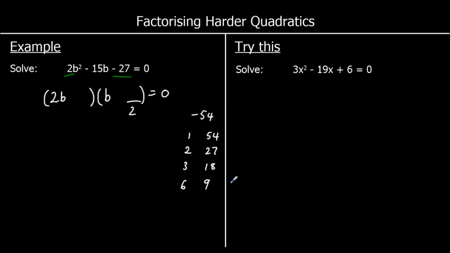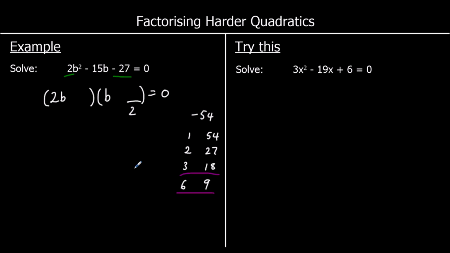So how can we make negative 15? That's going to be, so we've got 2 options. We can have 3 and 18 and 6 and 9. We need to make a negative 54. So how can we make a negative 15?